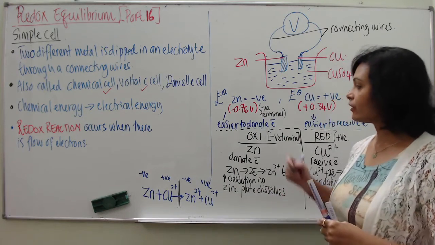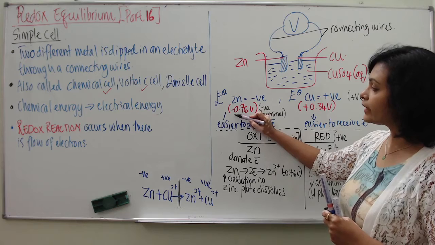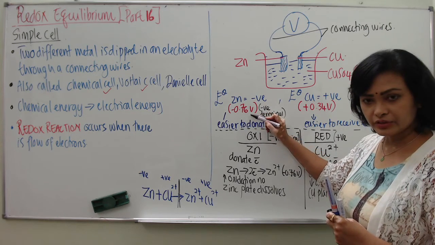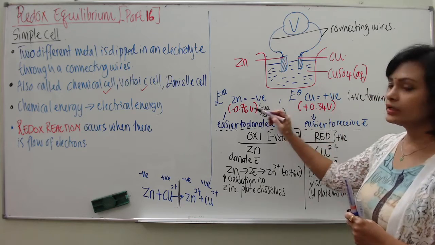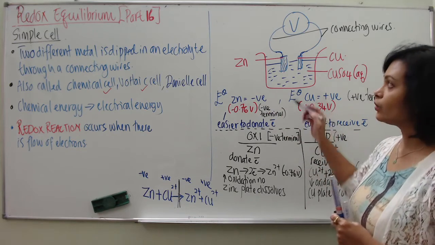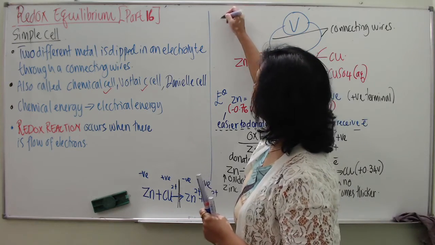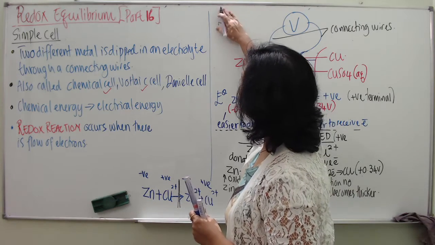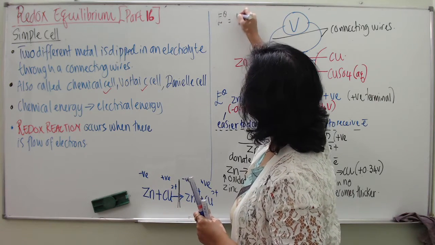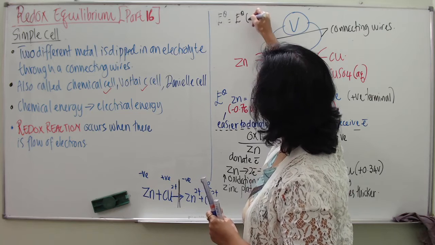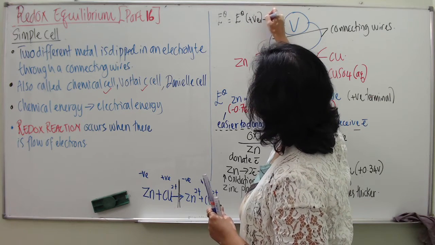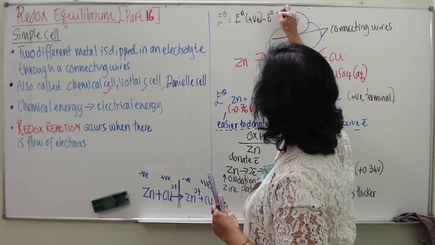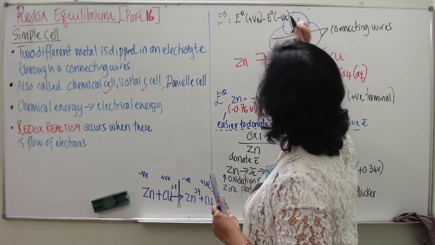Meaning, teacher has given students the standard electrode potential difference for each of the metal plates. Now, we can determine the voltage produced, or the potential difference produced, is the potential difference of positive terminal minus the potential difference of negative terminal.